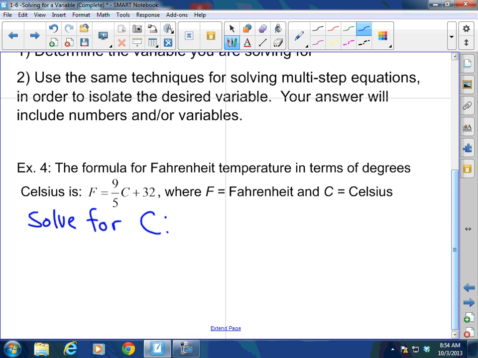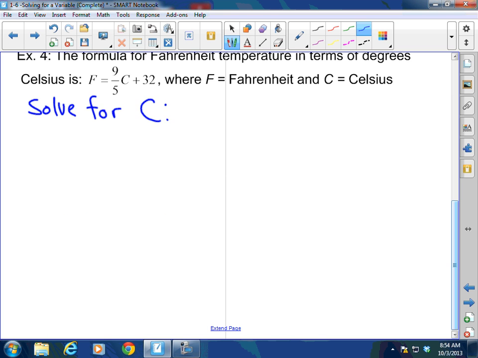That's what I want to isolate. That's what I want to get all by itself. So let's check out how to do this. Don't worry about this F here. Don't stress out about that. People always stress out about that. Don't. Let's focus on the C.